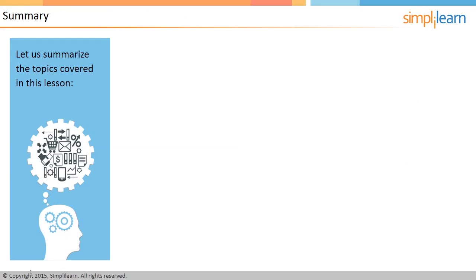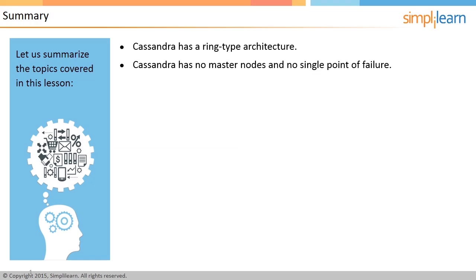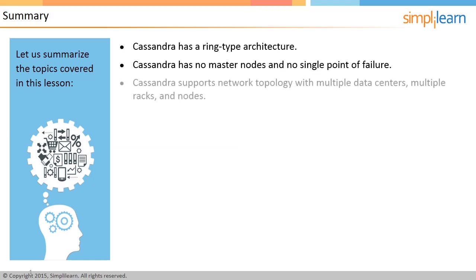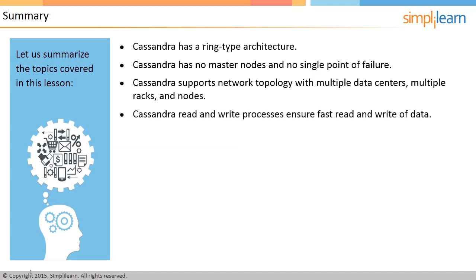Let us summarize the topics covered in this lesson. Cassandra has a ring-type architecture. Cassandra has no master nodes and no single point of failure. Cassandra supports network topology with multiple data centers, multiple racks, and nodes. Cassandra read and write processes ensure fast read and write of data.